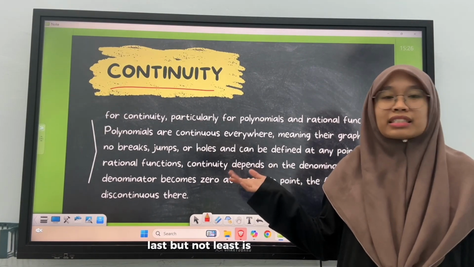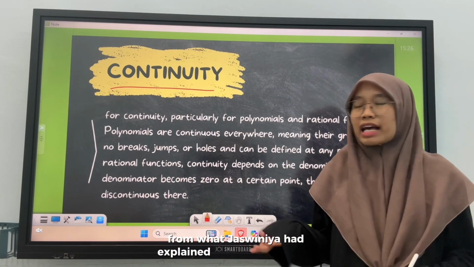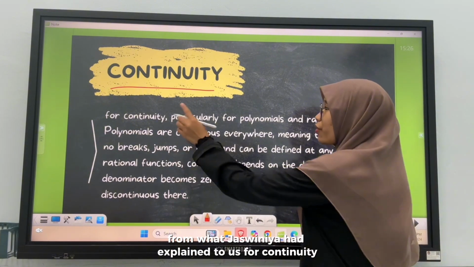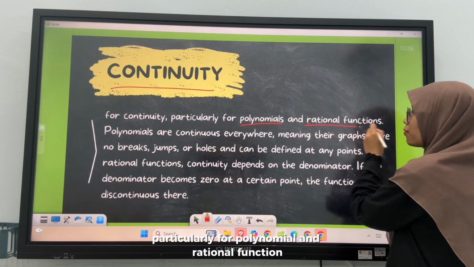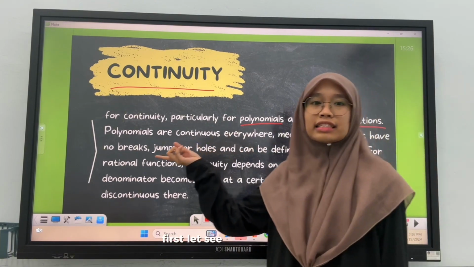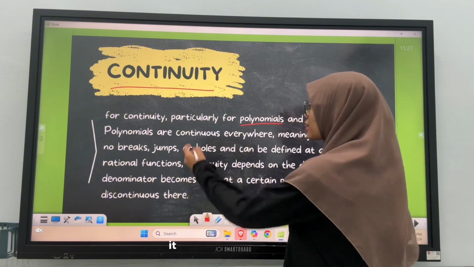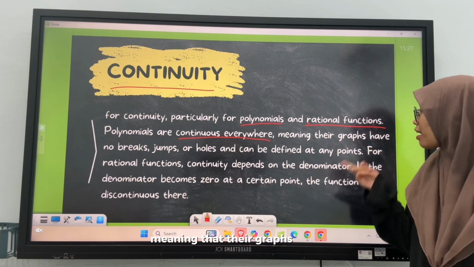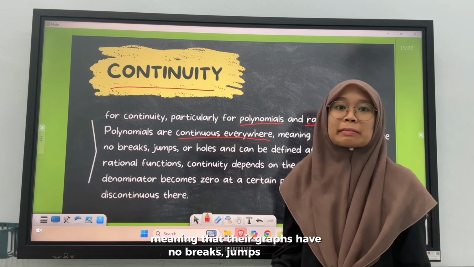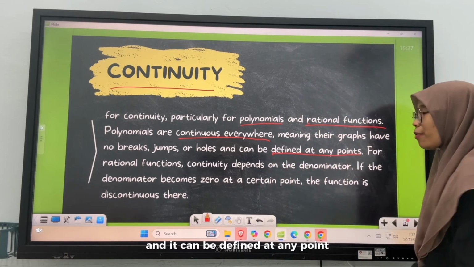Last but not least is continuity. From what Jasmine has explained to us, for continuity, particularly for polynomial and rational functions, first let's see polynomial continuity. It's continuous everywhere, meaning that its graph has no breaks, jumps, or holes. It can be defined at any point.